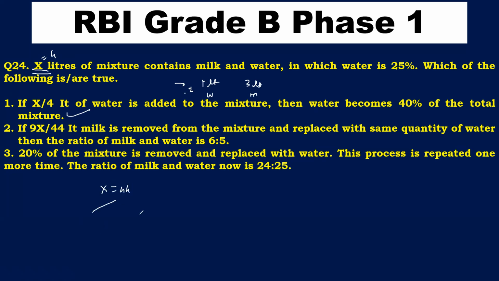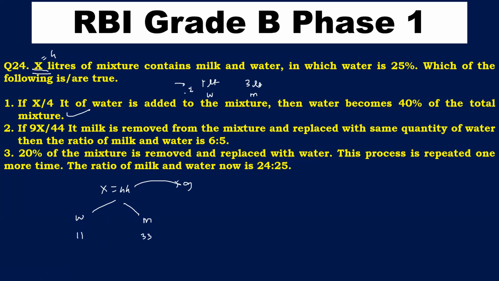So that means water and milk: milk will be 33, water will be 11. 9x by 44 is removed. That means 9 liter is removed from the mixture and replaced with the same quantity of water, then the ratio of milk and water is 6:5.